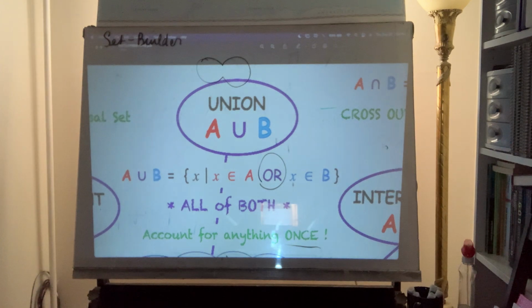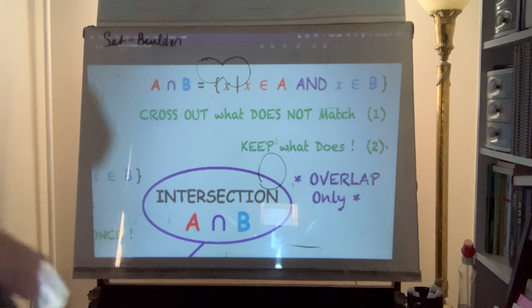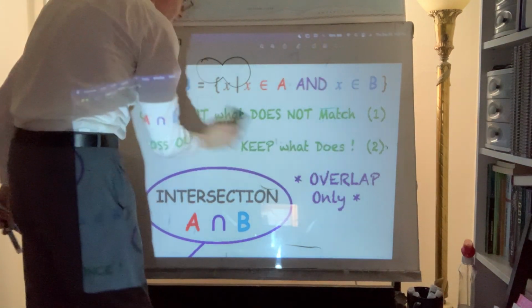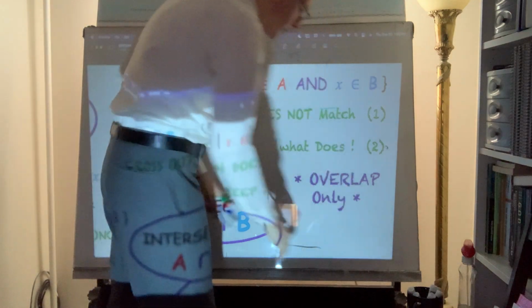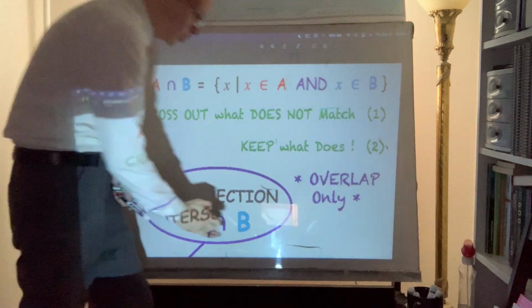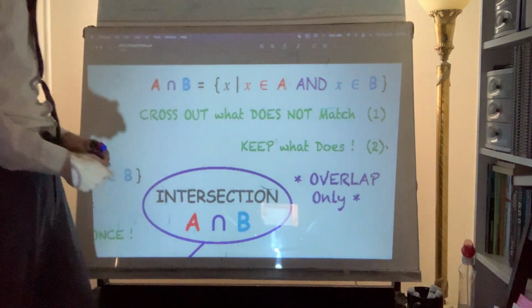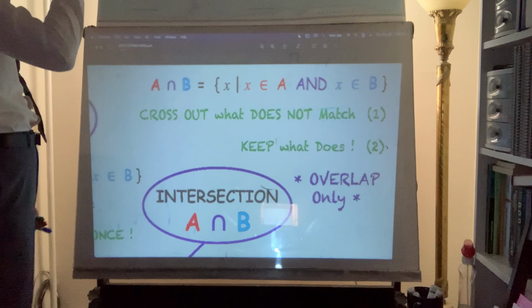Now, when you get over here to intersection, really the best advice I can give anyone is to think of it as being the overlapping area. If again you don't have a picture though, here is the ultra fancy set builder notation.